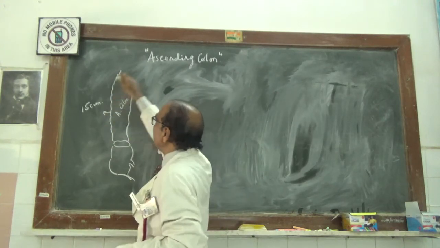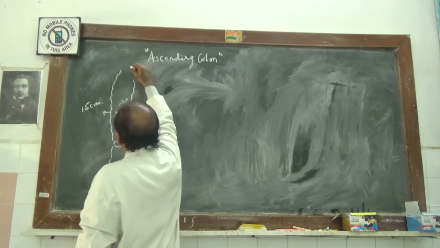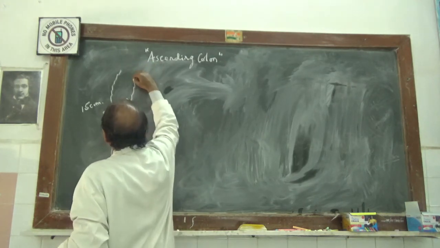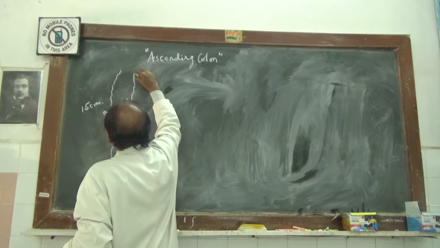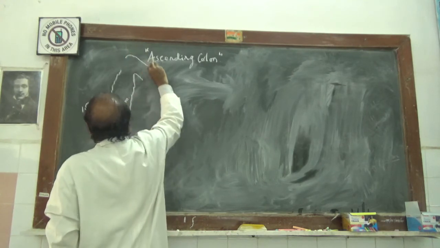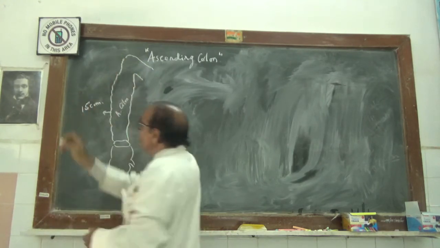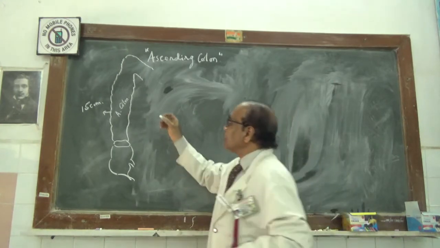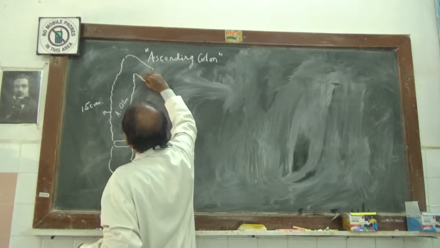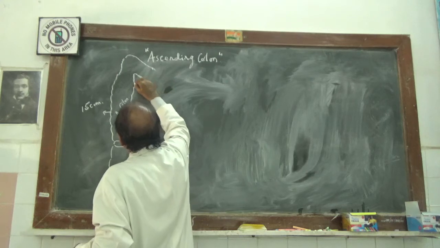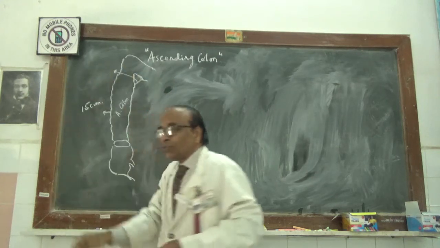Then when it comes to the level of the right hypochondriac region, under the surface of the right lobe of the liver, it will turn with a little angulation.